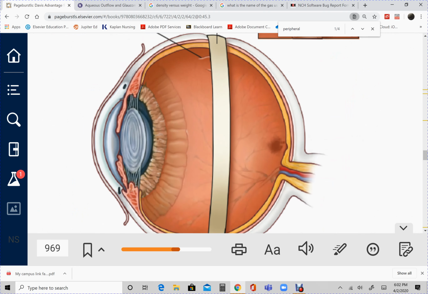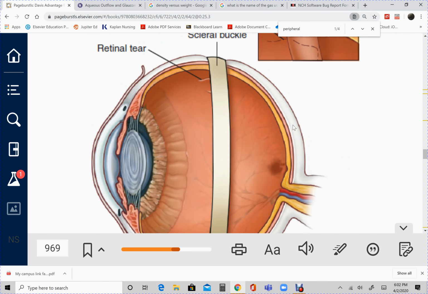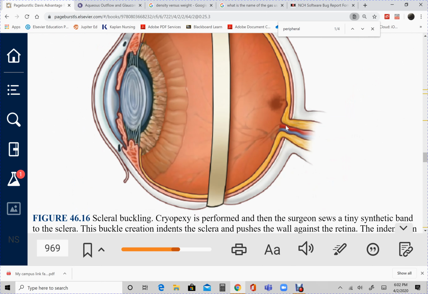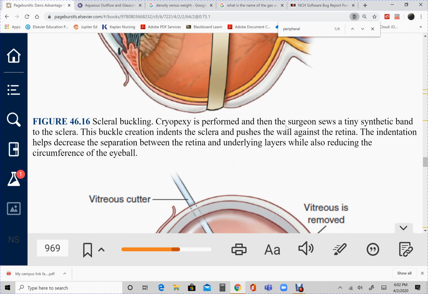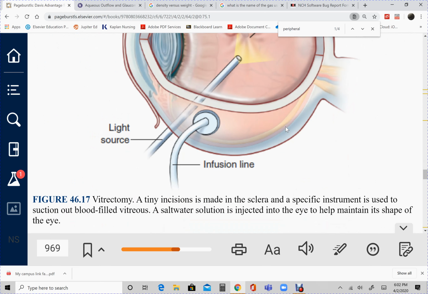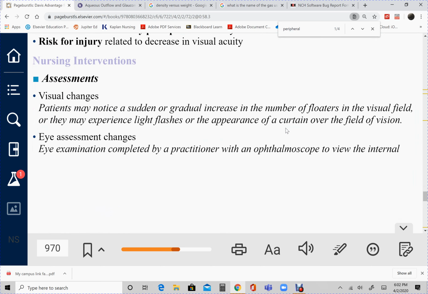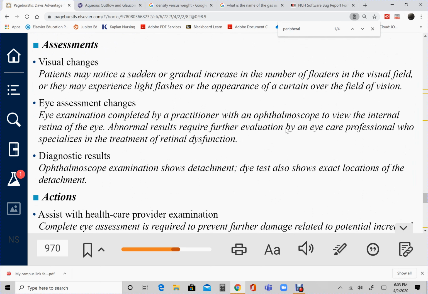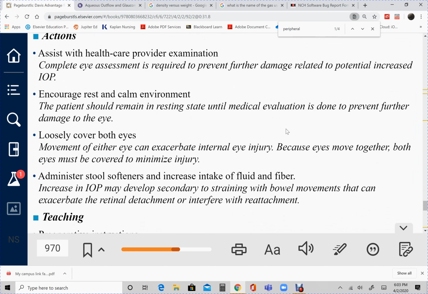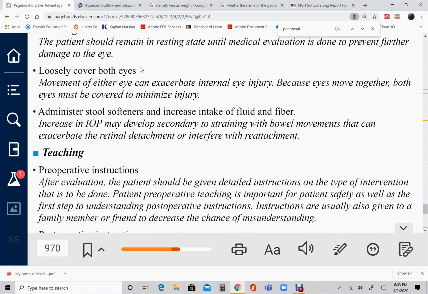But on top of those, remember the post-op care you learned under cataract surgery. Those things still apply for retinal detachment surgeries. And as with post-op cataract surgery, we don't want any rapid eye movement, so that's why we cover both eyes loosely.